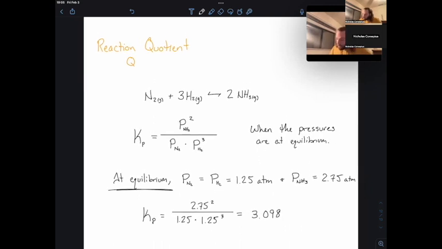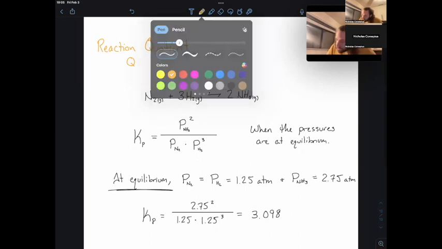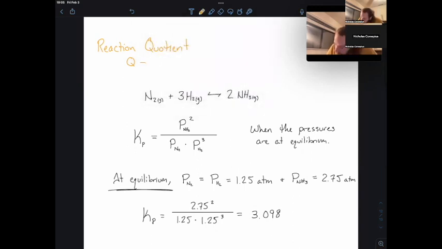Q, the reaction quotient, is when we evaluate our equilibrium expression using any values other than the equilibrium values.